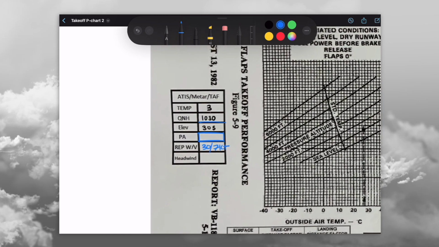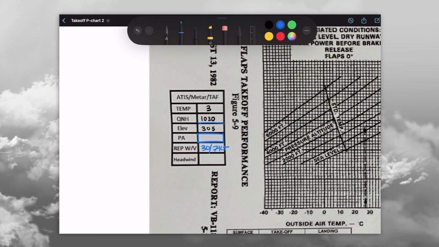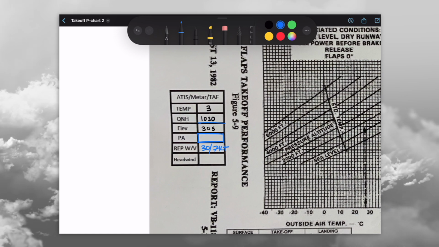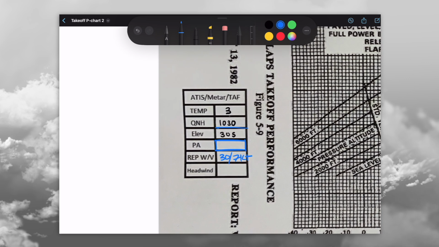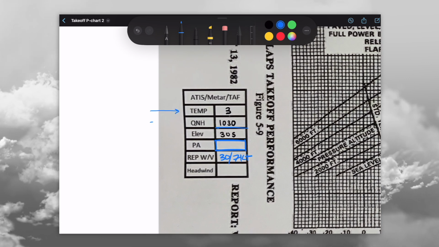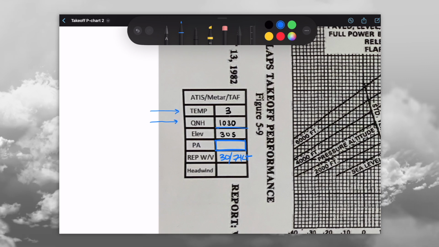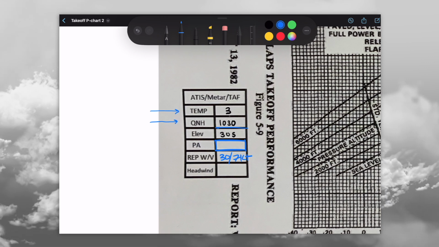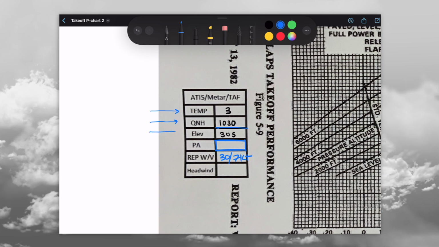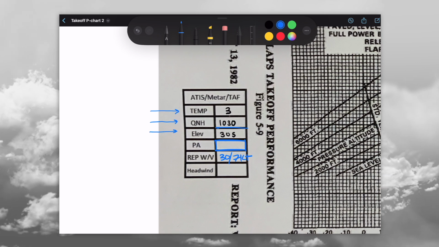So to start, I've copied some information from my Automatic Terminal Information System, or ATIS, for my local aerodrome. This is our outside temperature, our QNH, which is our atmospheric pressure adjusted to mean sea level. We have our aerodrome elevation.